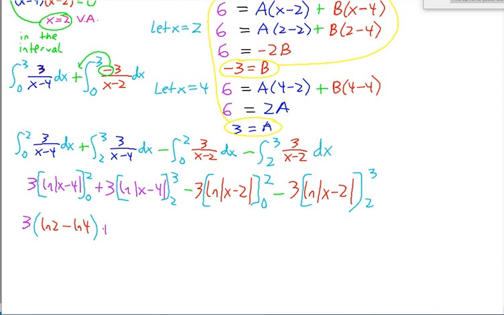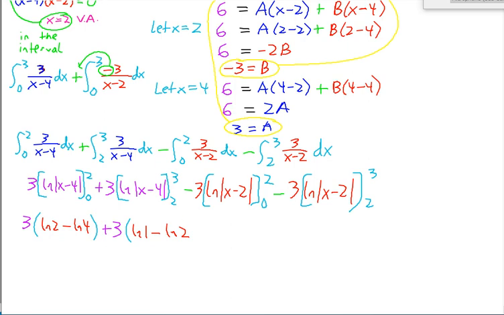Plus 3, substituting 3 there, you get negative 1, 3 minus 4, but absolute value makes it positive 1, so natural log of 1. Minus, you plug in 2, negative 2, absolute value makes it positive, so natural log of 2.